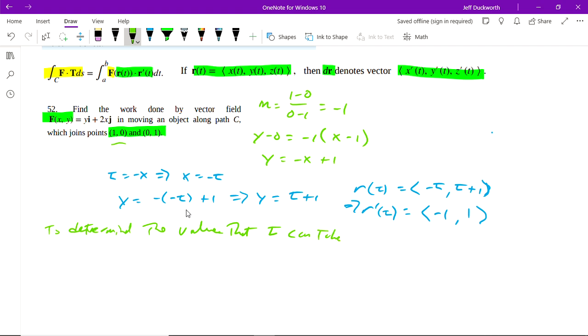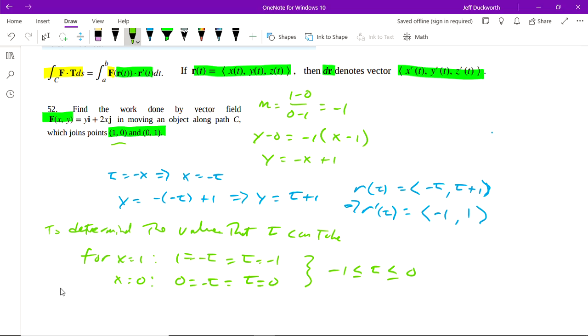I'll choose the x values, and I'll look at the x values here. They go from 1 to 0. So for x equals 1, I have 1 equals negative t, which means t is equal to negative 1. That's our lower limit. For x equals 0, 0 equals negative t, which means that t equals 0, which means we're going from negative 1 to 0. And that's how we're going to integrate.